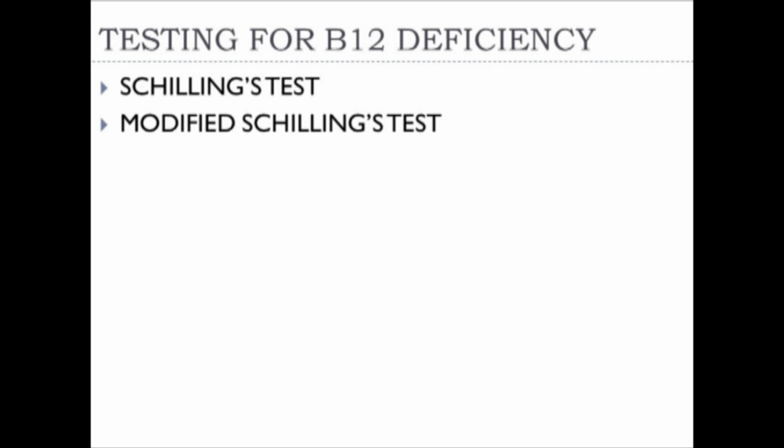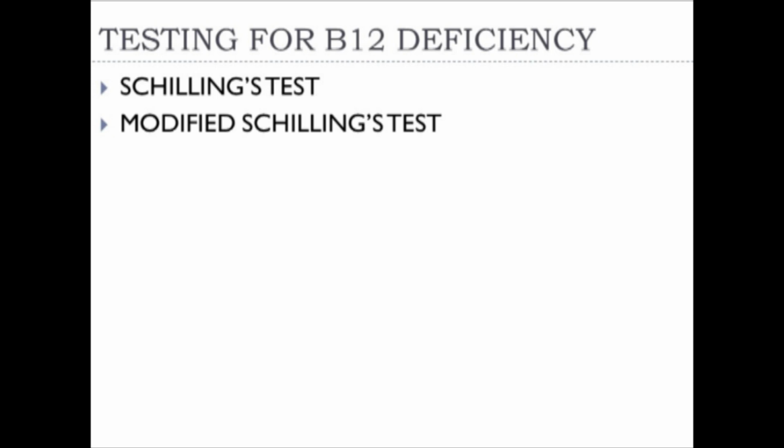In this second step, an oral administration of a labeled cobalamin and an intrinsic factor is given 3 to 7 days later. If the urine value subsequently collected is normal, then it infers that the intrinsic factor was truly missing and consequently necessary for proper absorption.